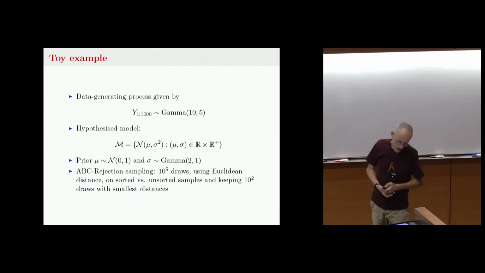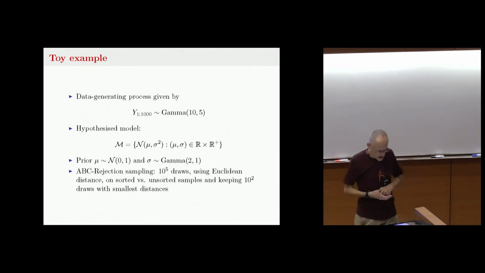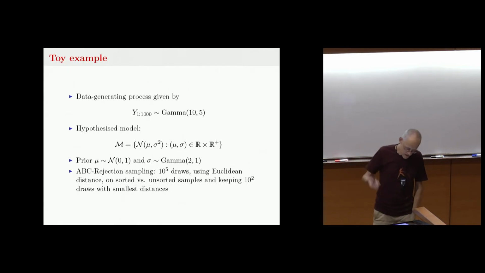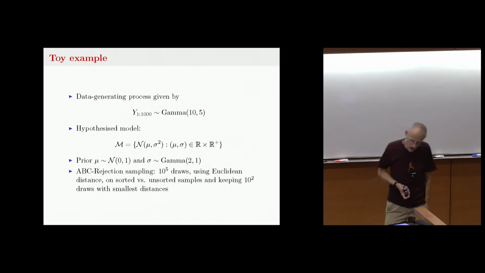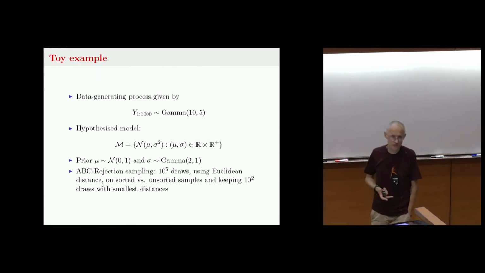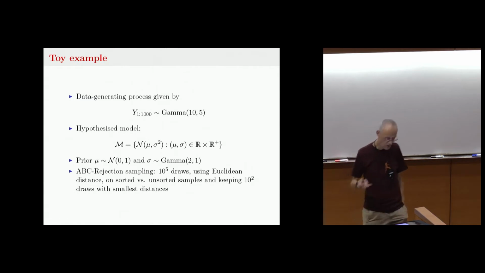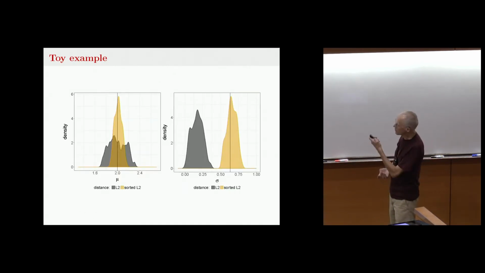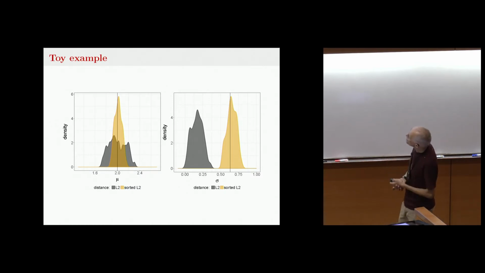Okay. And so here is an illustration on a very toyish example, which is that if I take 1,000 observations from a gamma with chosen parameters 10 and 5, and if I assume that the data is from a normal model, so on purpose I use a misspecified model, using a certain prior on both parameters of my model, the difference between regular ABC using raw Euclidean distance and this ordered statistic distance is not so visible on the posterior for mu.